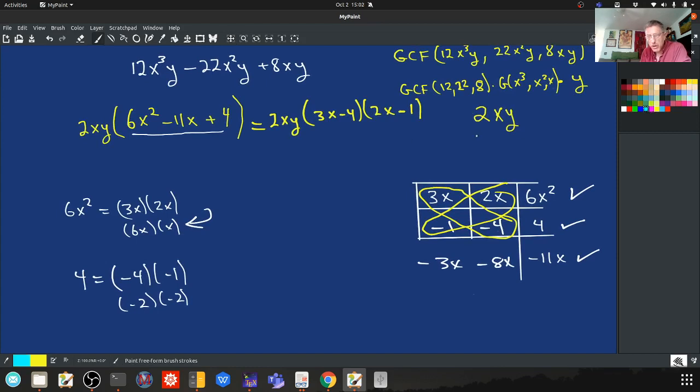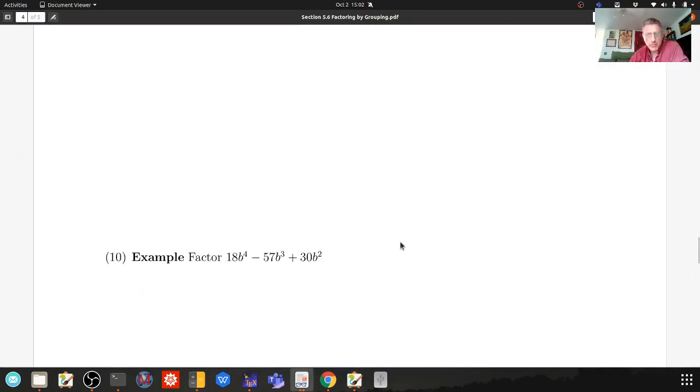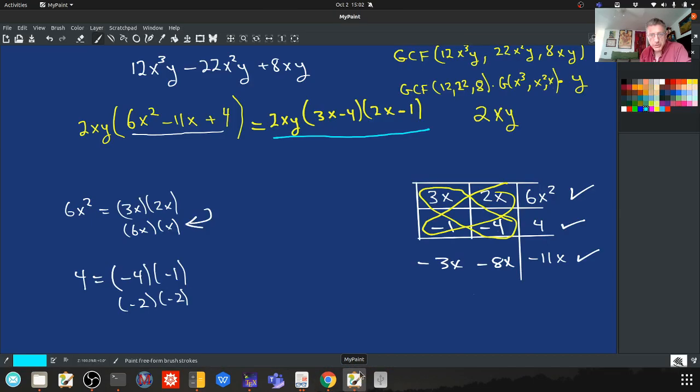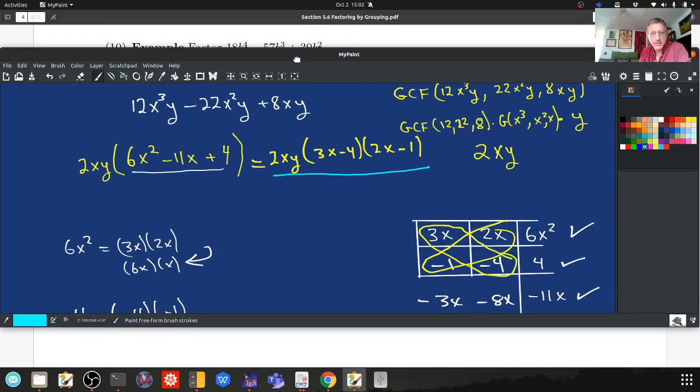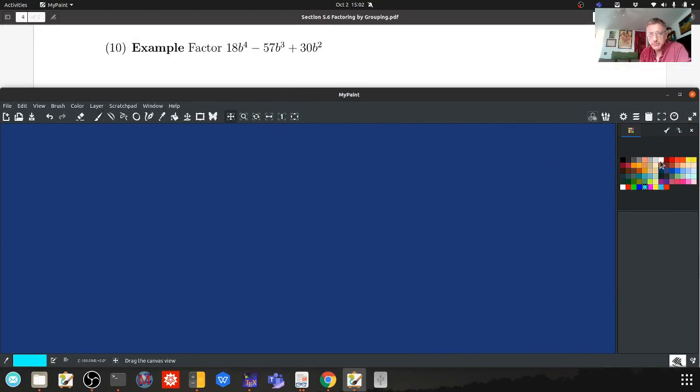And this whole kit and caboodle is the factorization. Oh, what are we supposed to do with this one? Well, this one's also going to be doable by just observing that we need to factor out the greatest common factor. We're always going to be pros at factoring after this.